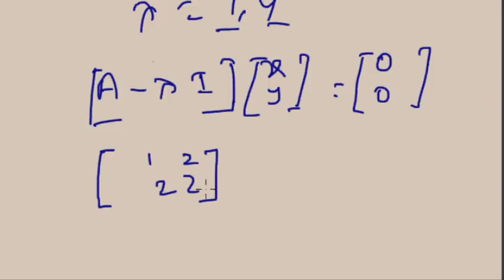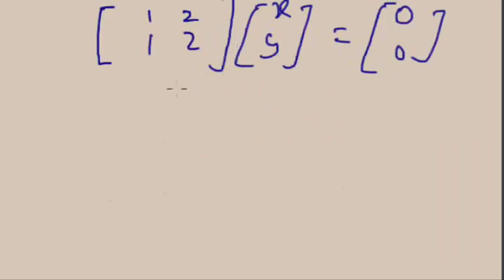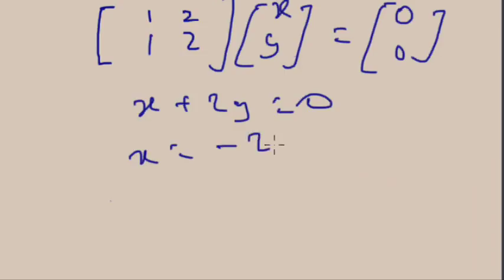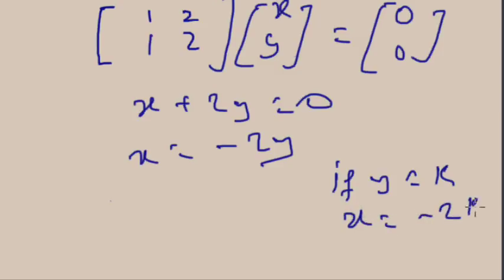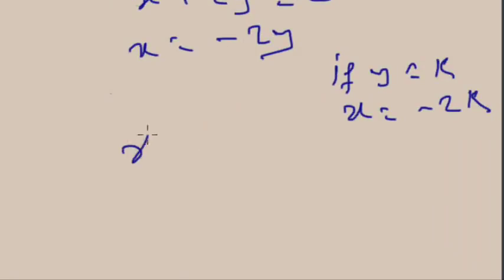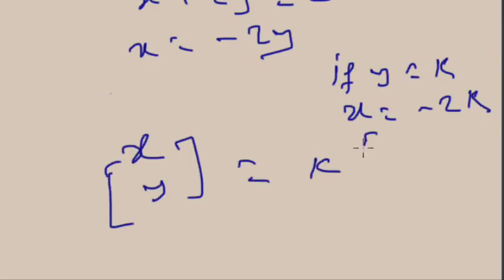So A minus lambda I times x y is equal to 0 0. Solving the first equation, x plus 2y is equal to 0. This means x is equal to minus 2y. Suppose y is equal to k, then x will be minus 2k. So x y is equal to k times minus 2 into 1.